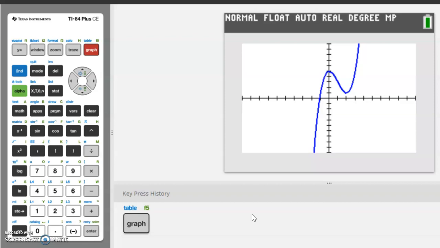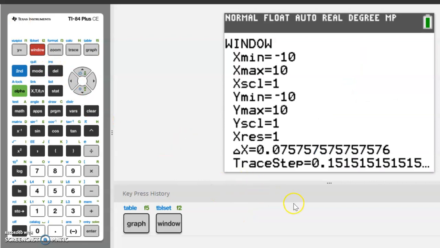Now, I want to zoom in just a little bit on my graph, so I'm going to change the window on my calculator. You can go up to the window button on top, and you'll notice that on your screen it's going to say xmin, xmax, and then xscale. This is telling you how far left and right you want the window to be.